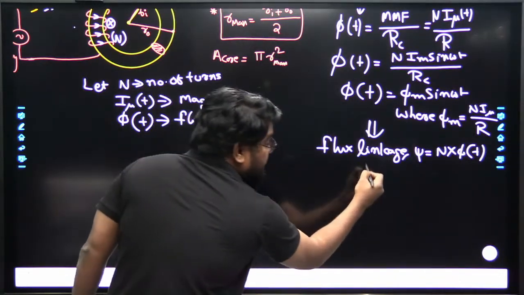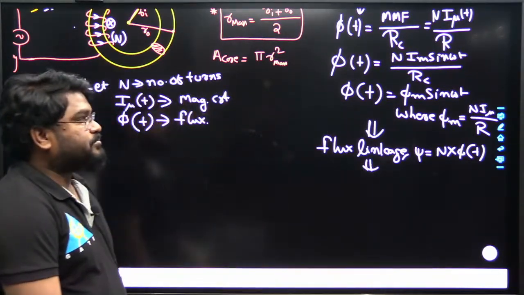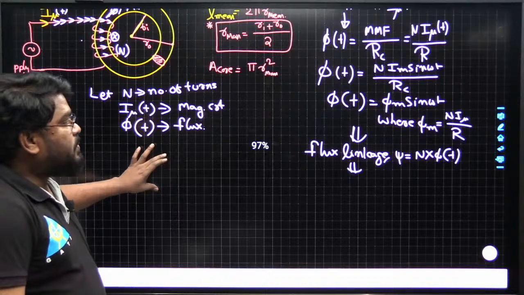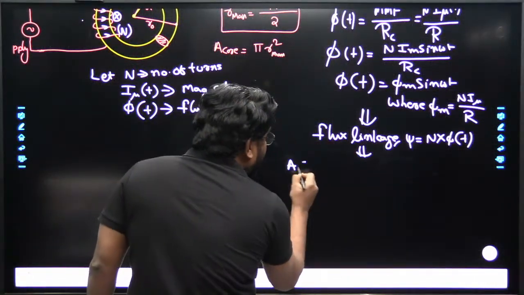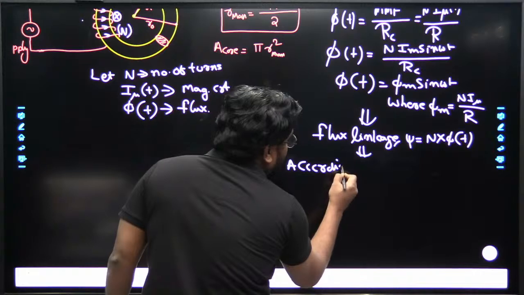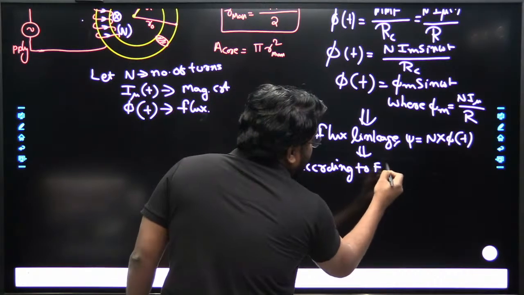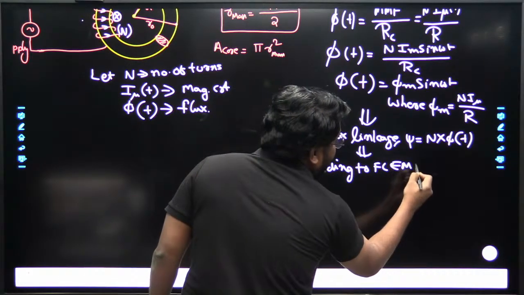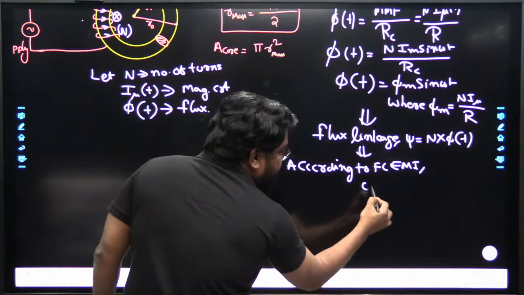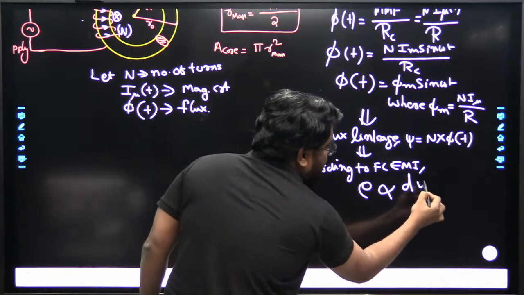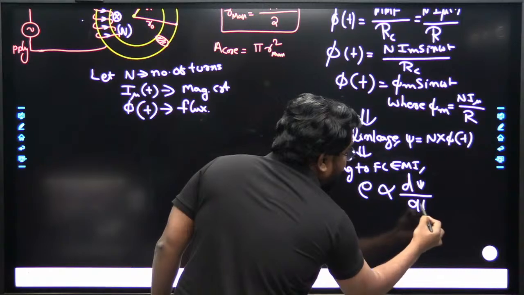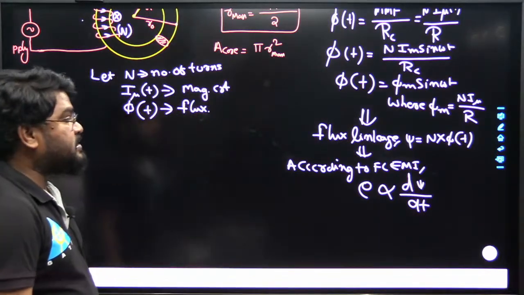So the flux is produced in the coil. According to Faraday's laws, the EMF induced in a coil is directly proportional to the rate of change of flux linkage.